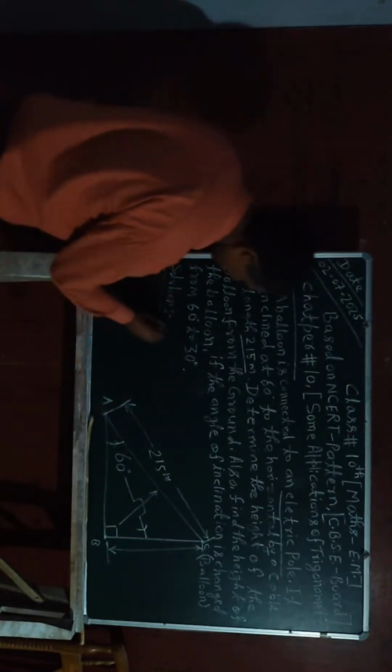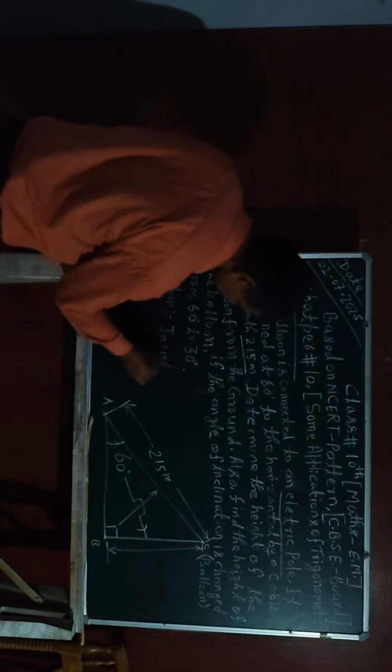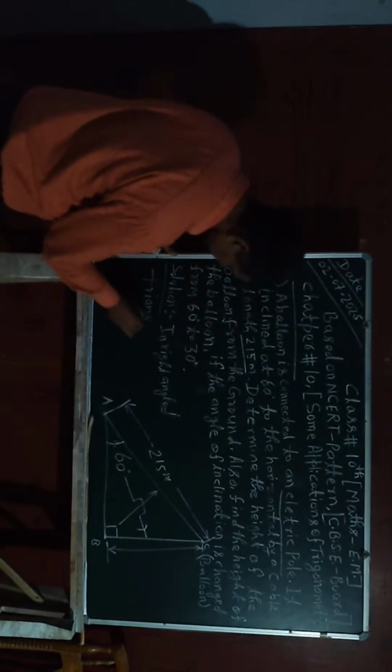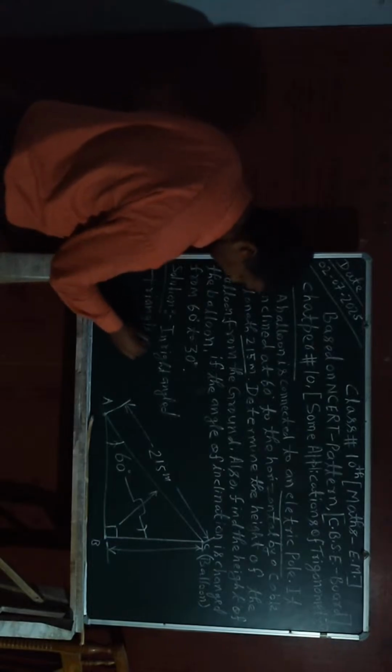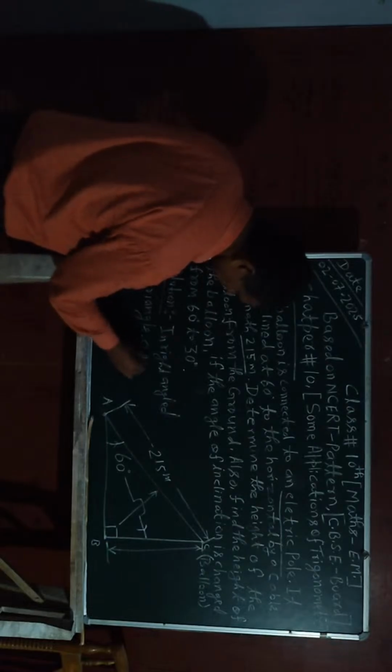So I will use here in right angled triangle ABC. In right angle triangle, I will write here ABC.